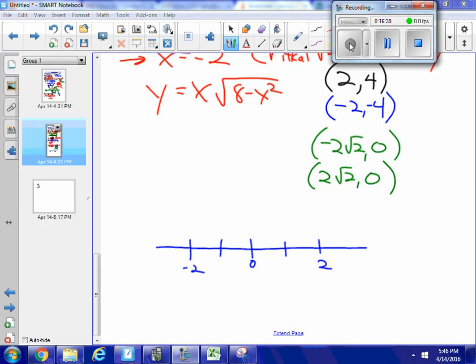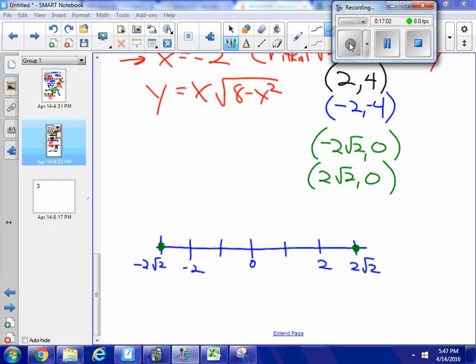That's going to be bigger, absolutely. So let's say over here is going to be negative 2 radical 2, and over here is going to be positive 2 radical 2. Those are going to be my endpoints. In fact, I even know that they have a 0 value. So I know that I'm going to have points right there.